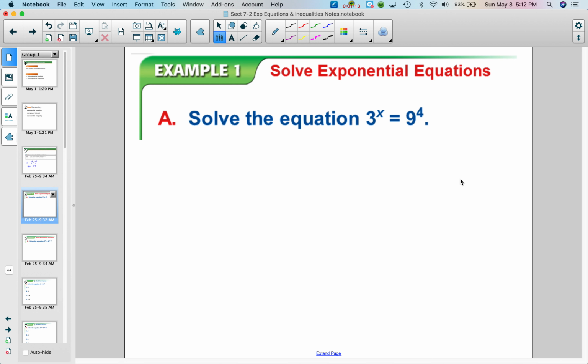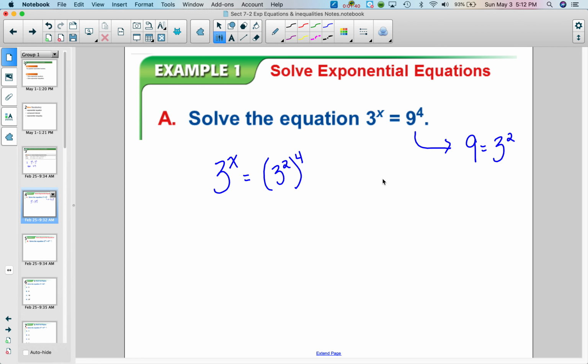So here's our first example. Solve the equation 3 to the x power equals 9 to the 4th power. Now, they're not the same. Here's a 3, here's a 9. But remember, we can think of 9 as 3 to the 2nd power. So I'm going to rewrite that. I have 3 to the x on the left side, and I'm going to rewrite the 9 as 3 squared. Notice I put it in parentheses.